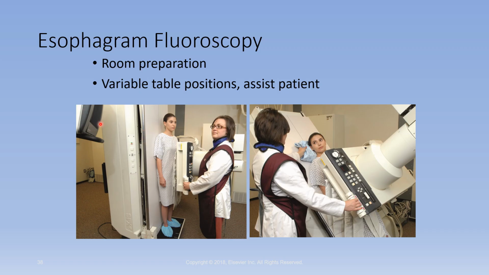You can see the monitor is here so that the fluoroscopist is able to look, and we would be able to look as well. Sometimes they'll point things out to the patient so that the patient can see, but our biggest job in fluoroscopy is helping the radiologist or the fluoroscopist and helping the patient.